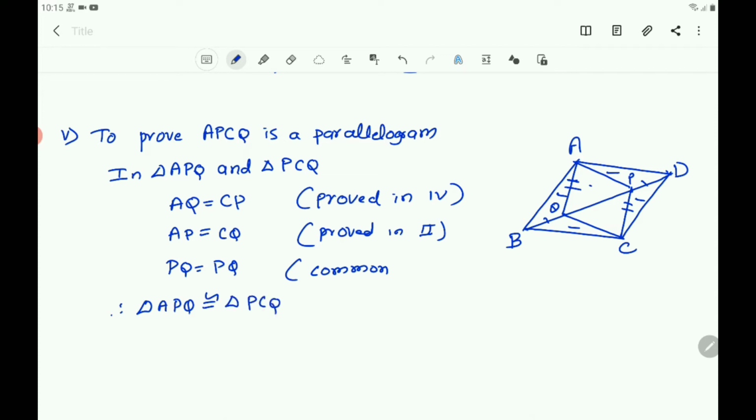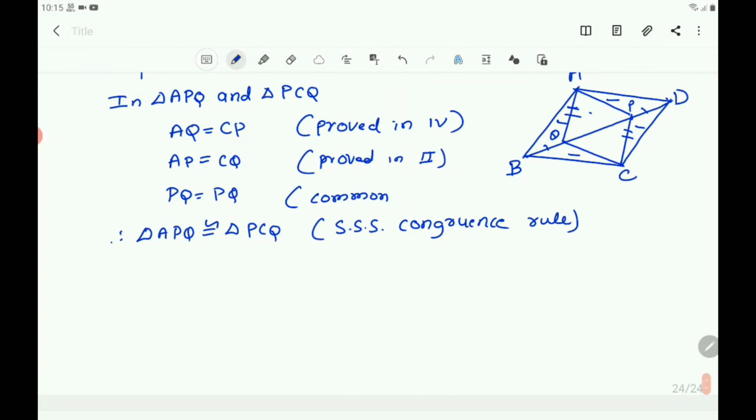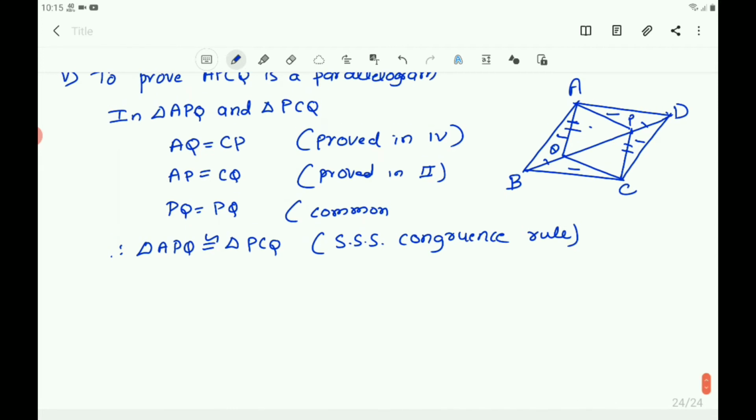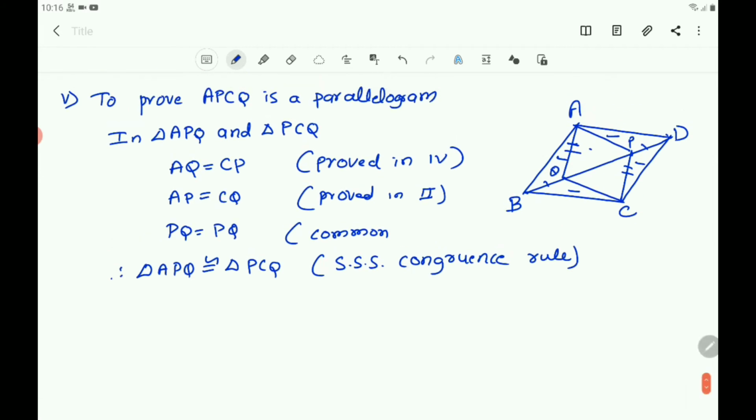PCQ. According to which congruence rule? SSS congruence rule. Once you get that they are congruent, their corresponding parts are equal, therefore corresponding angles are equal, and also corresponding sides are equal. Here you can write that angle APQ equals angle PQC.